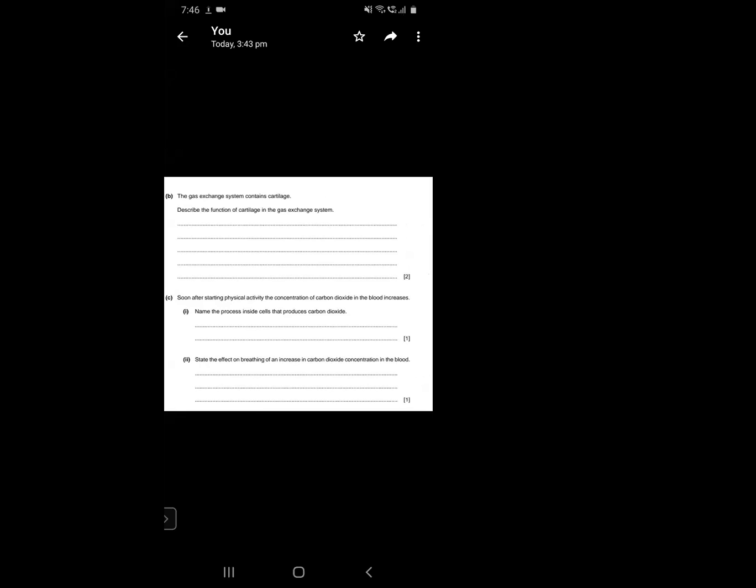When the concentration of carbon dioxide in the blood plasma increases, remember carbon dioxide reacts with water to form carbonic acid, and that carbonic acid decreases the pH of the blood. This reduced pH is detected by the receptors in the brain, which then send impulses to the respiratory system to increase the breathing rate. And so that increases the breathing rate.